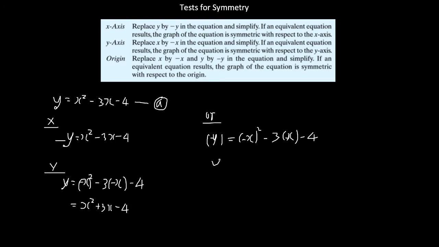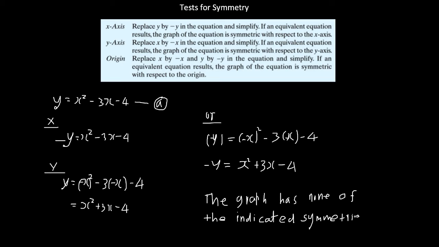So we have negative y equals x to the power 2, negative 3 and negative x gives positive 3x, plus 3x minus 4. Again you see this is not the same as equation A. Therefore we can say the graph has none of the indicated symmetries.